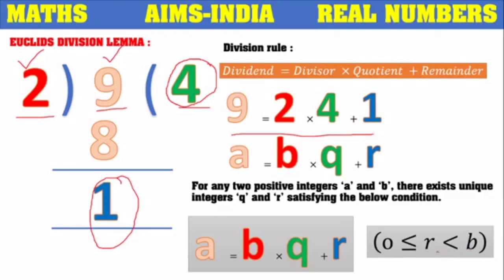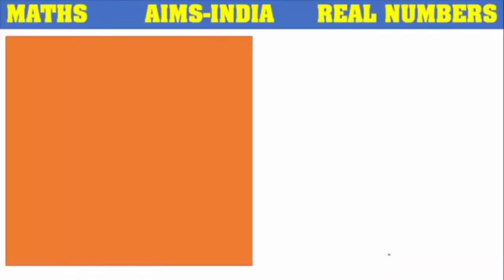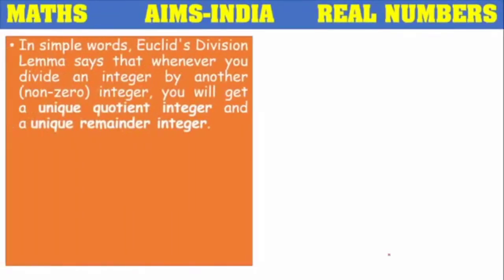Means the remainder should always lie between 0 and the divisor, less than the divisor. Let's see some more examples. In simple words, Euclid's division lemma says that whenever you divide an integer by another integer, you will get a unique quotient and a unique remainder.